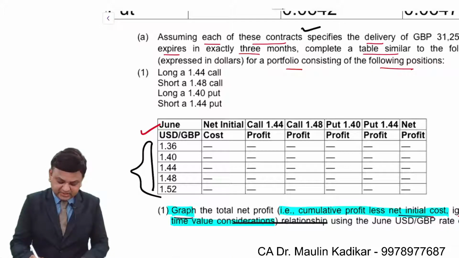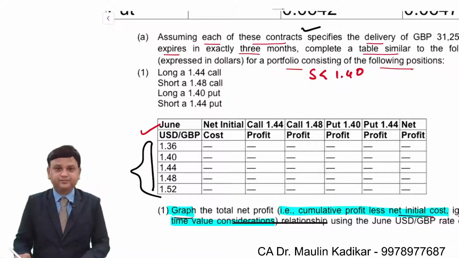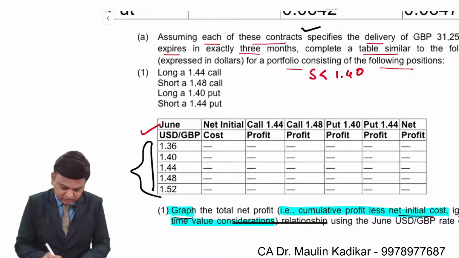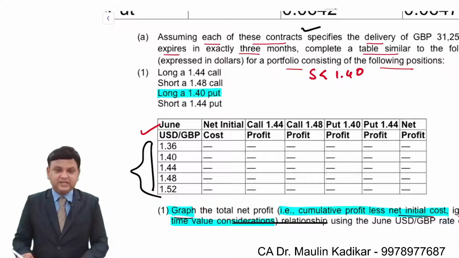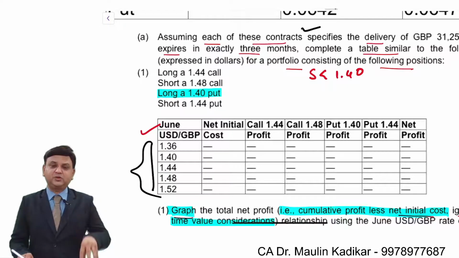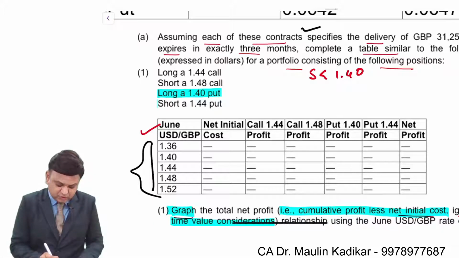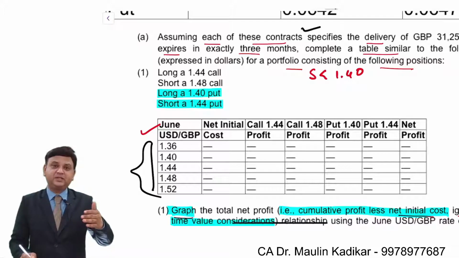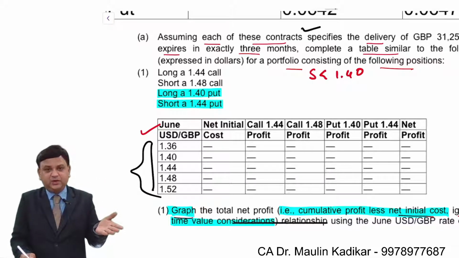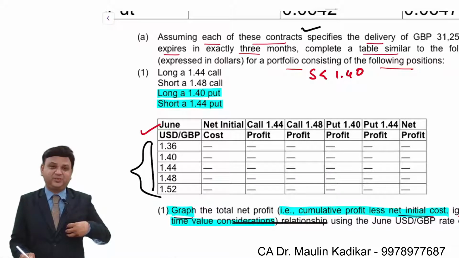If the spot exchange rate is less than, let us say, 1.40, what will happen? Then the put option that you have purchased will have the positive payoff. At the same time, the put option sold will also have a positive payoff for him and a negative payoff for you. So what is the difference?